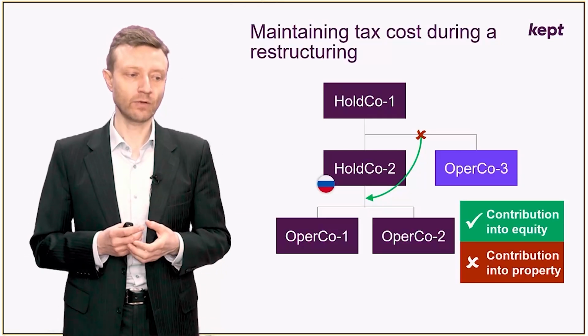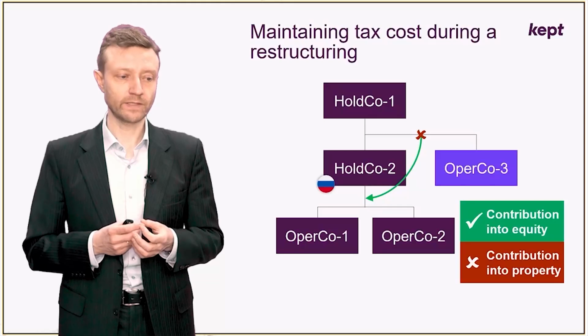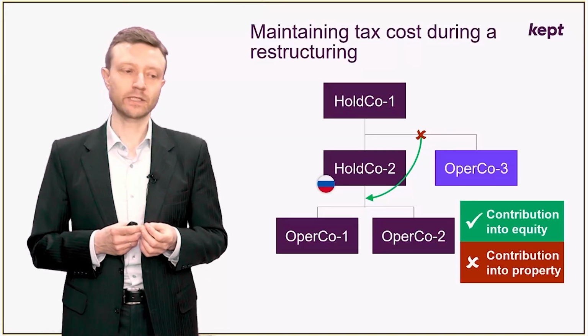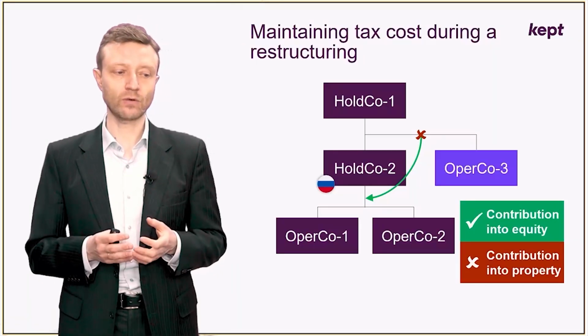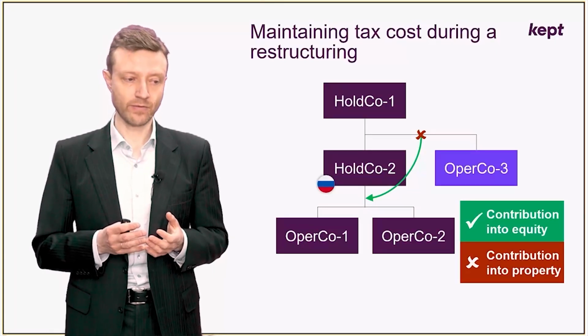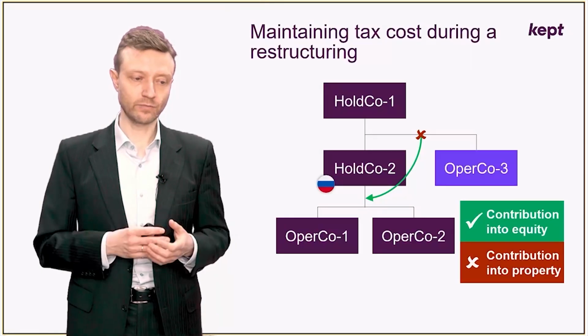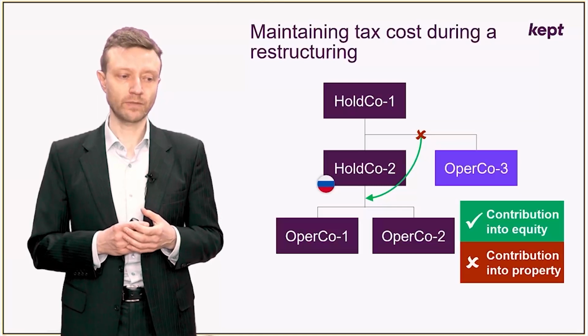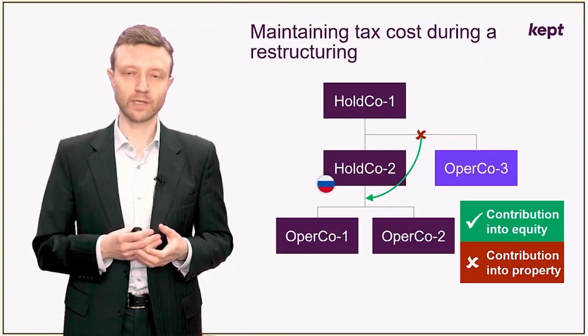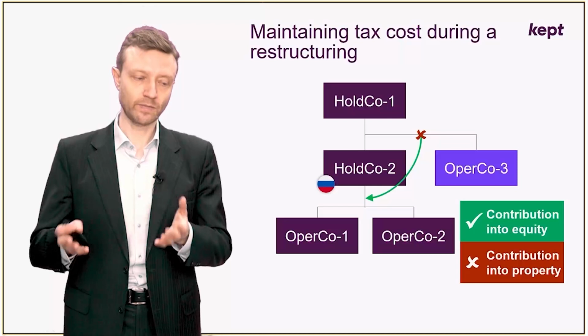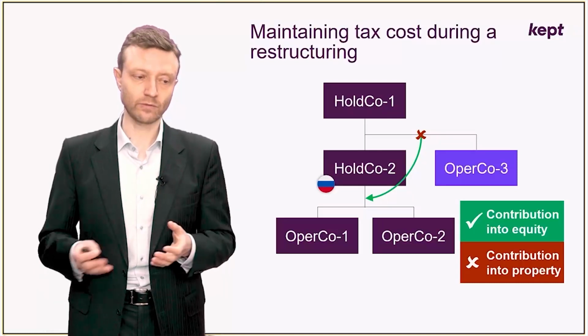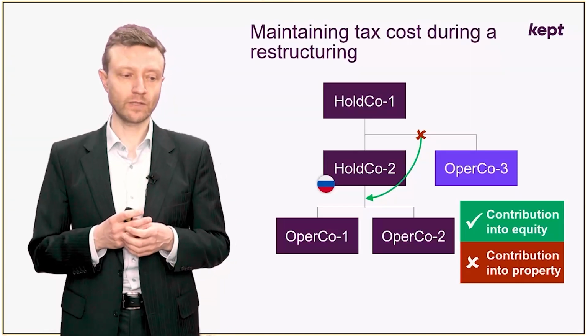So in this case, if holding company 1 made significant investments and incurred significant costs in relation to operating company 3, then after contribution to property of holding company 2 of this operating company 3, these historical acquisition costs or historical investments are going to be lost.